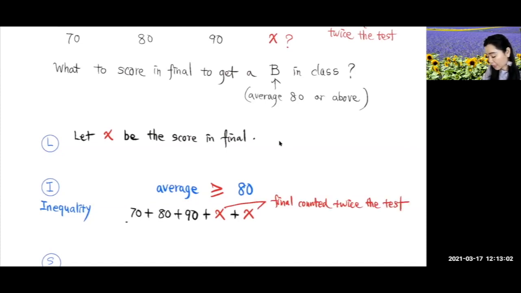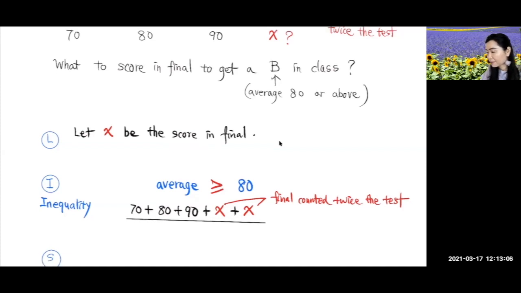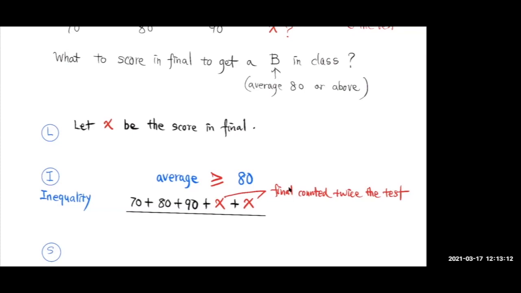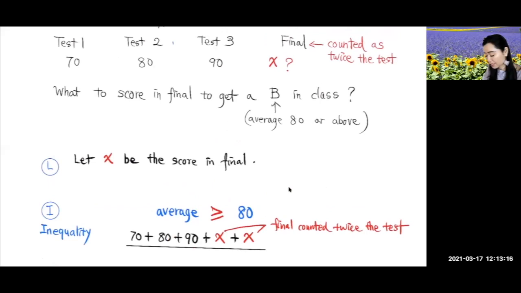Now I add them up and I will divide by the number of tests. Divide by what number? Any idea? 3? Not 3. So you have 1, 2, 3, and the final counts as twice. So 1, 2, 3, 4, 5. 5 tests.